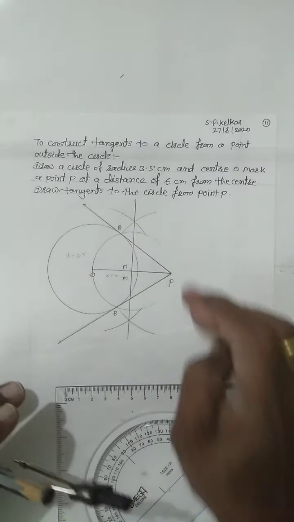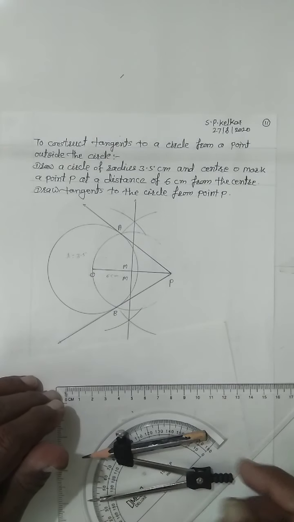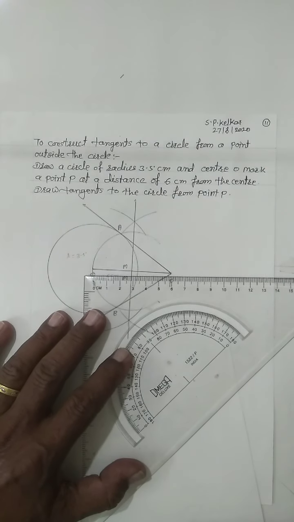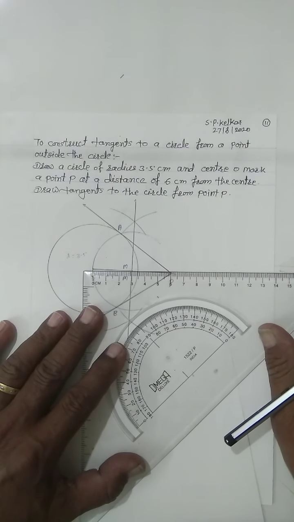Then take a point P outside the circle having distance 6 centimeter from center O.